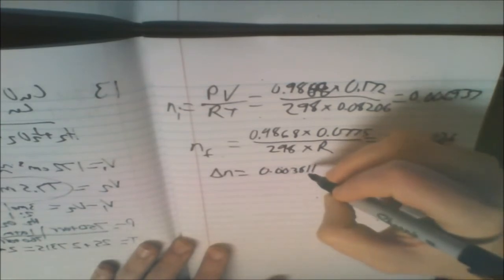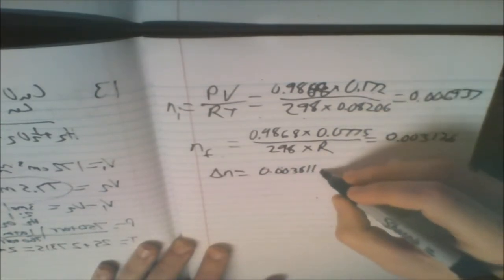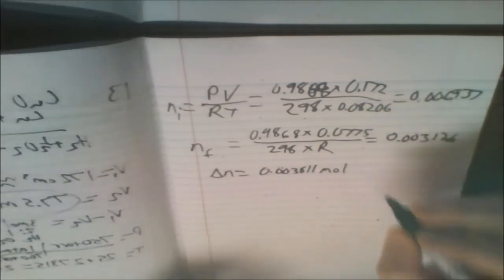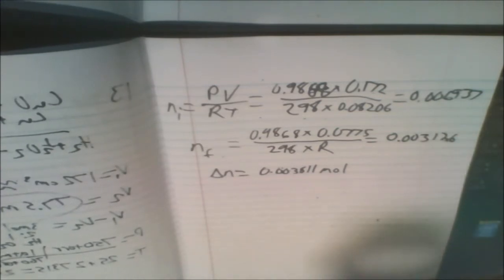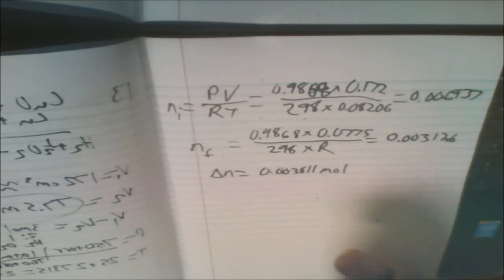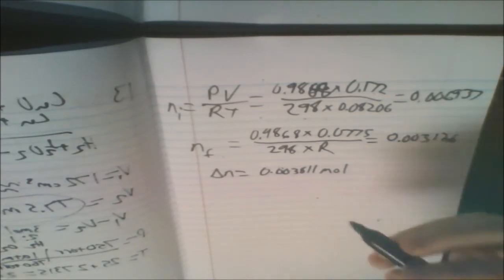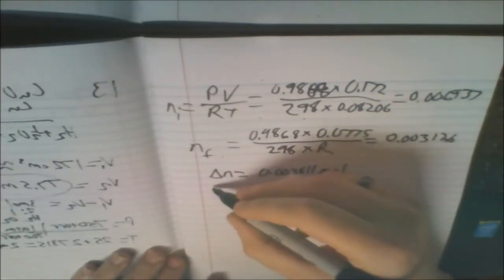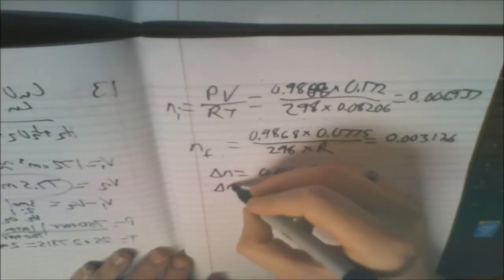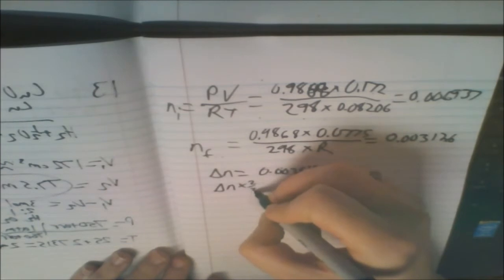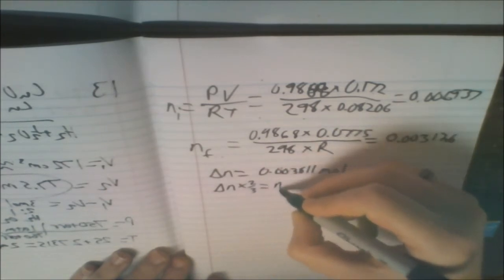Take that difference, we would get 0.003811. Remember, this is not moles of hydrogen lost. This is moles of gas mixture, which is a 2-to-1 ratio of hydrogen to oxygen. So of this mixture, delta N times 2/3 will give us our moles of hydrogen.